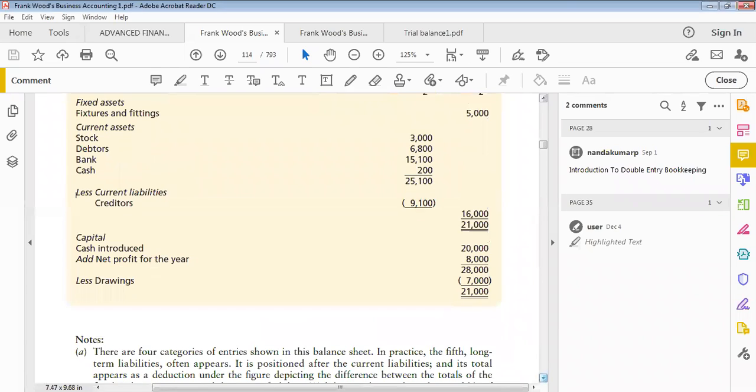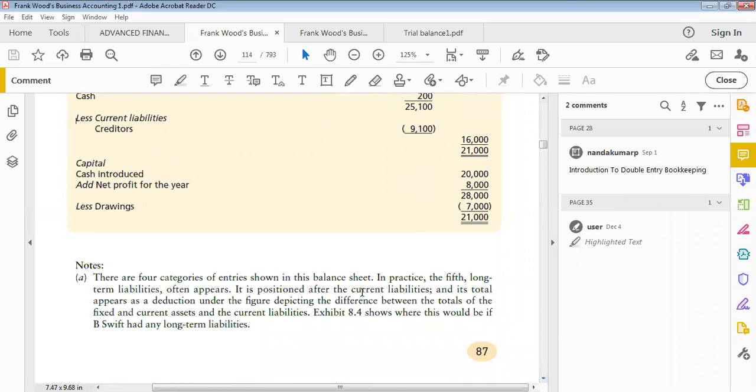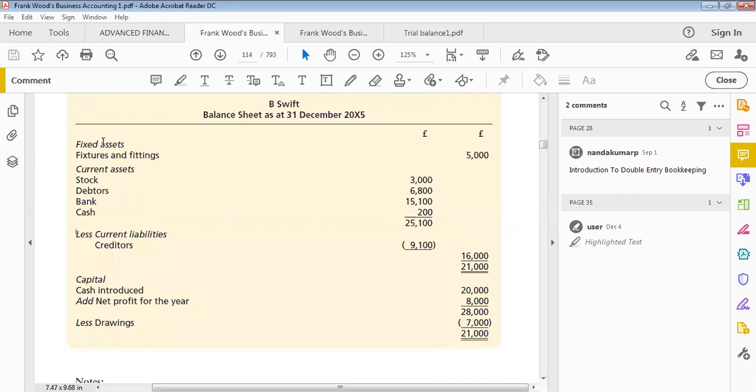It is positioned after the current liabilities, and its total appears as a deduction under the figure depicting the difference between the totals of the fixed and current assets and the current liabilities. Again, there are 4 categories of entries shown in this balance sheet. So you have 1, 2, 3, 4.